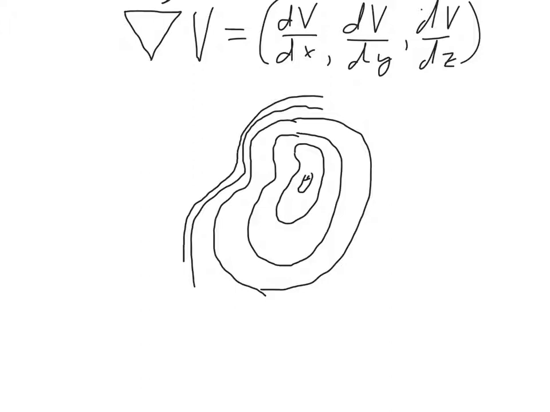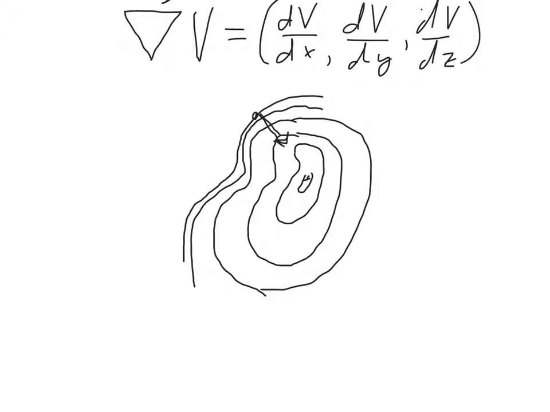And the gradient at any particular point is a vector whose magnitude tells me what the slope is. In other words, the steeper the hill, the higher the slope, and whose direction tells me which direction is directly uphill. So like at the point I'm indicating here, the gradient is a vector in that direction.